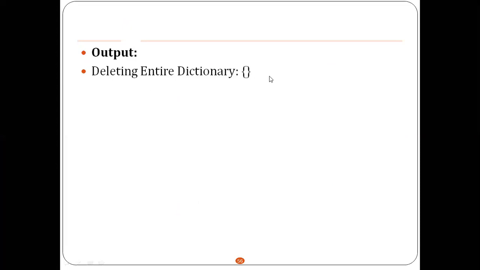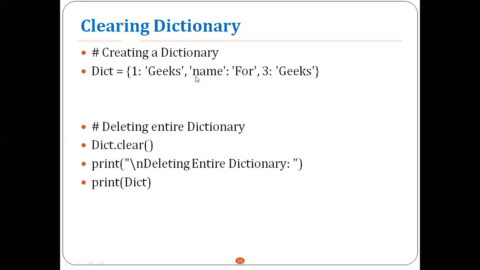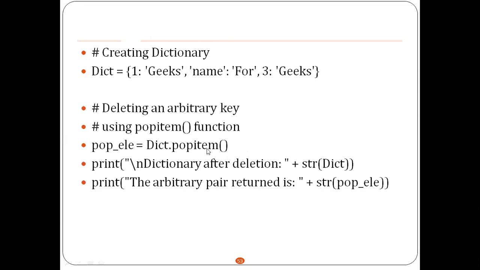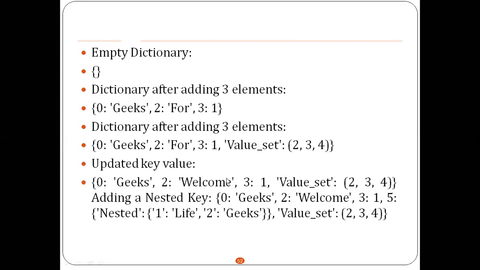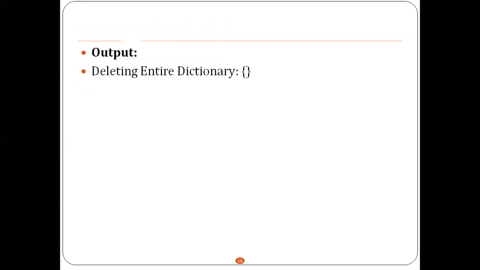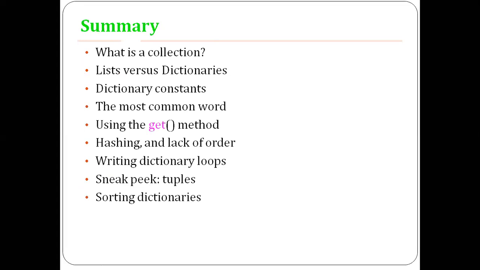Deleting an entire dictionary. So this is how you can clear the contents of the dictionary. The previous ones we have seen: deleting an arbitrary key from the dictionary, and all the examples, how to make use of the nested dictionary and all that. So that is how the dictionary in Python works, right?